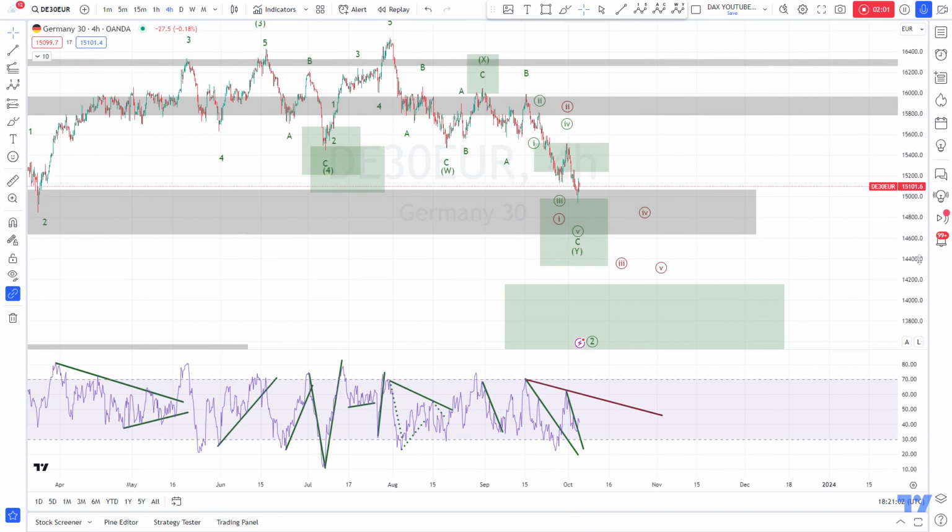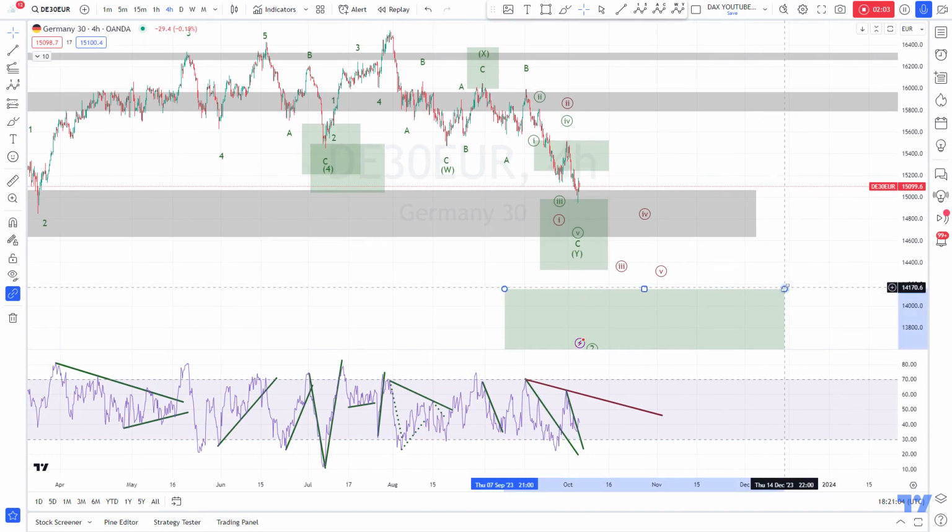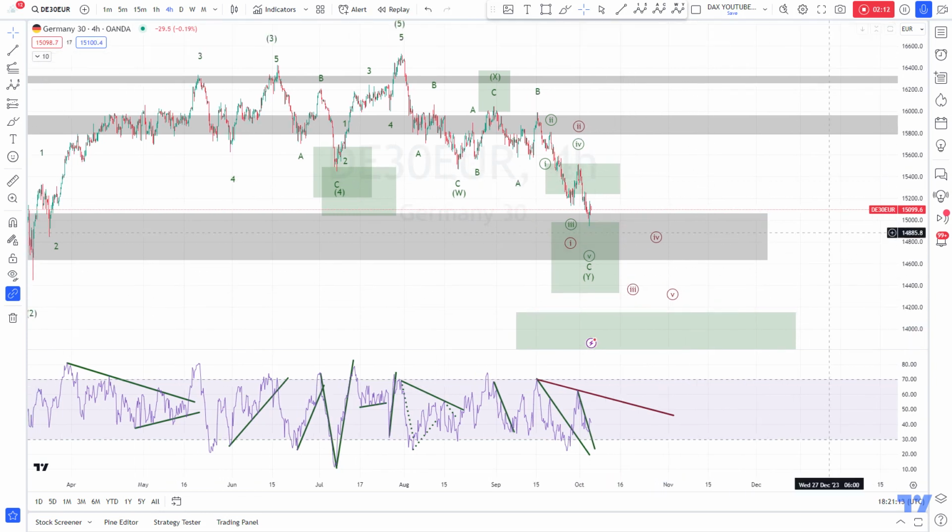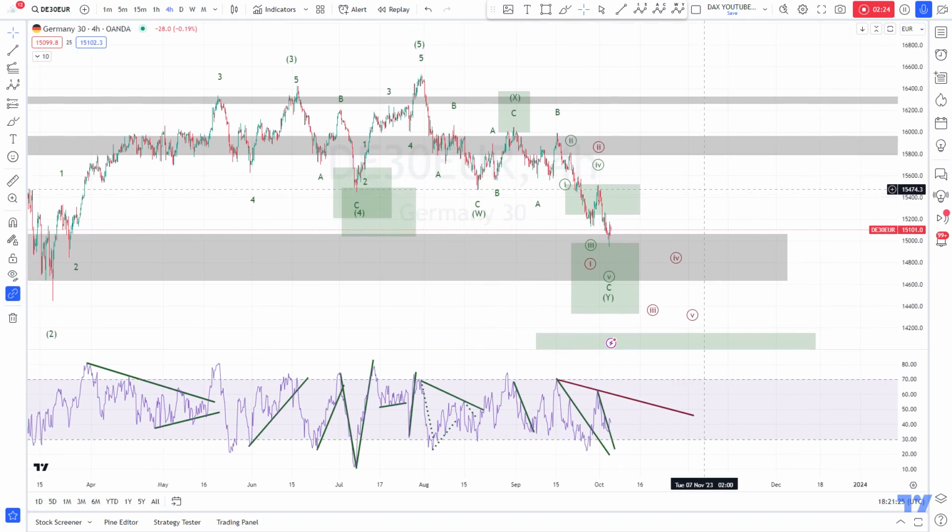Now, it happens quite often that this 0.5 FIB retracement level is only a guideline. In practice, you have waves 2 that retrace way earlier than the 0.5 FIB retracement, especially if the instrument is very bullish, for instance.